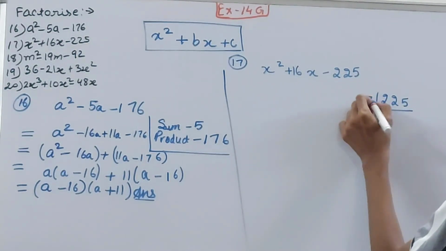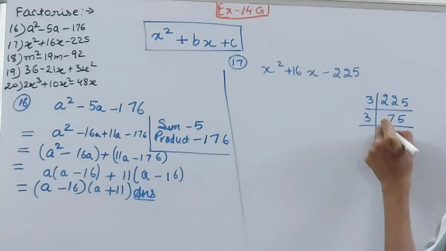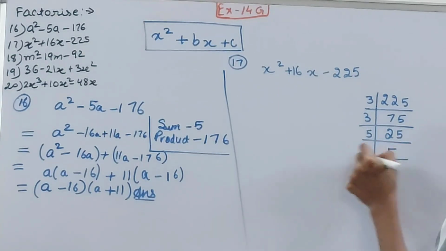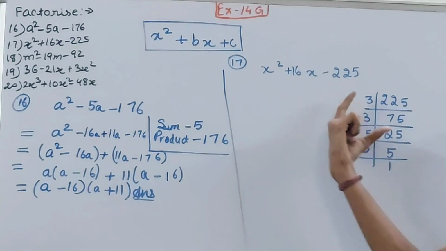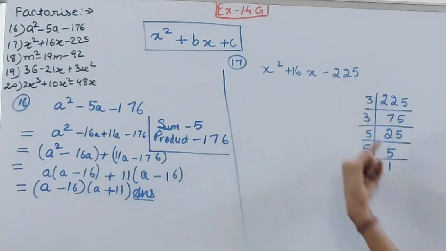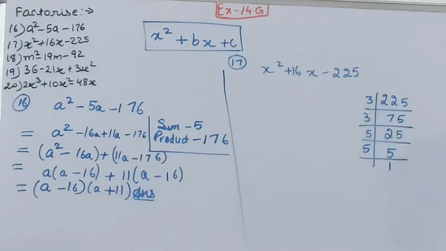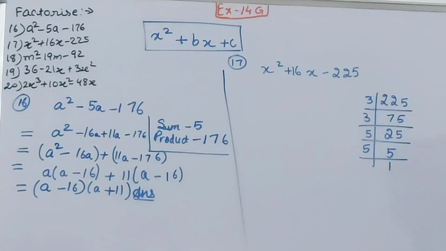You can divide by 3, so this will go 75 times, again 3, so this will go 25 times. Now you have to choose 5, there is no other option. Let's see, can we make something from these? 5 into 5 is 25, 3 into 3 is 9, and 25 minus 9 gives us plus 16.